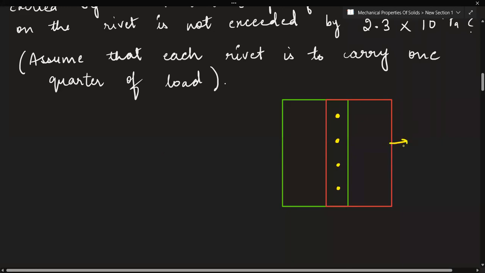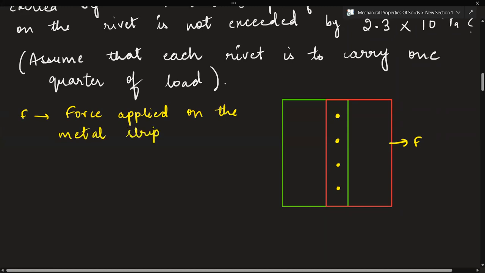So let's say F is the force applied on the metal strip. Now, if F is the total force applied at this section, can you tell me what is the force on each rivet?